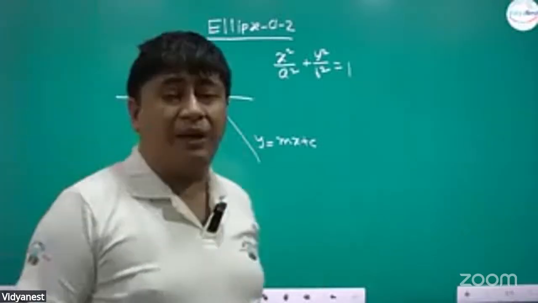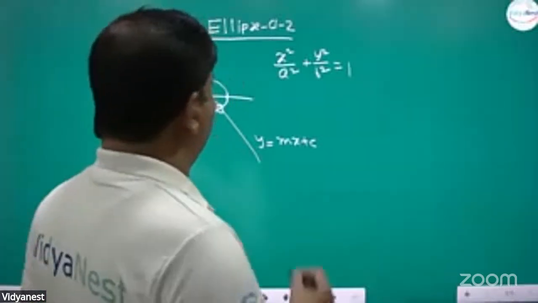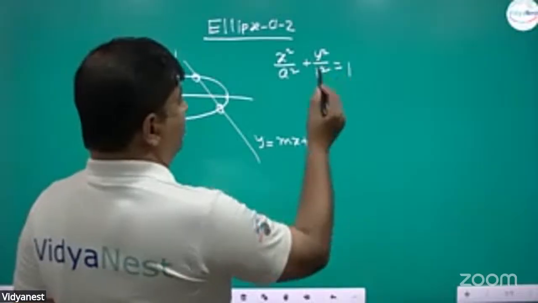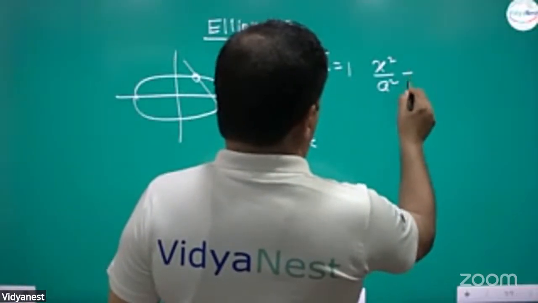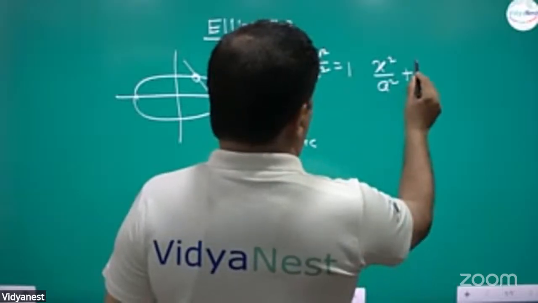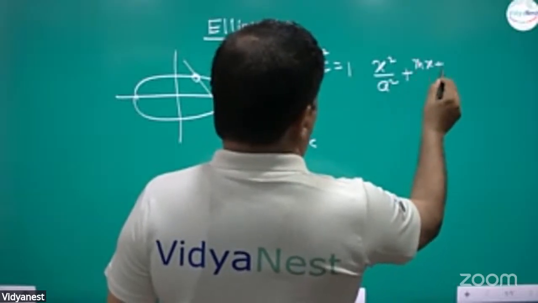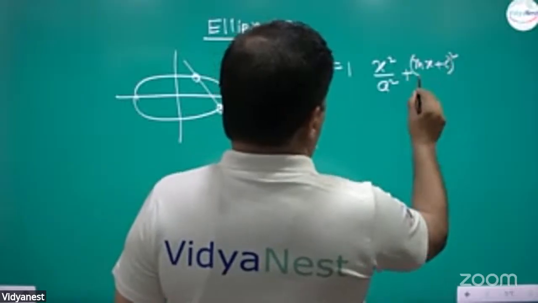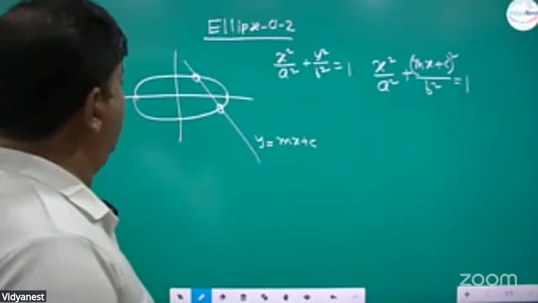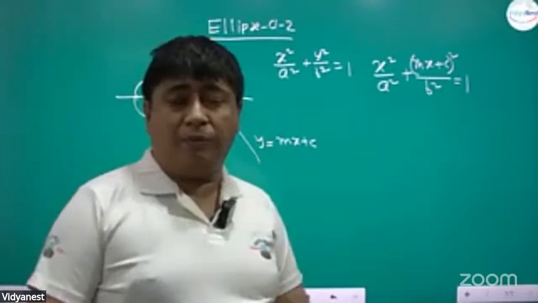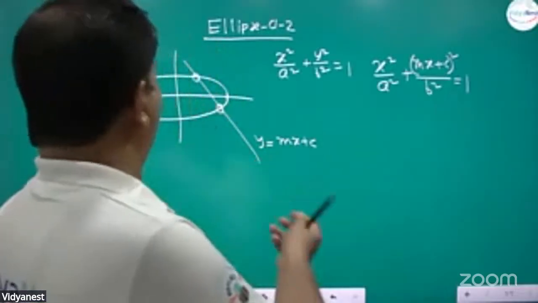Then how to make the quadratic? You do one thing, that y's value you put here, x square by a square. In place of y, you put (mx plus c) whole square. Okay? You can ask me why you are pursuing this.